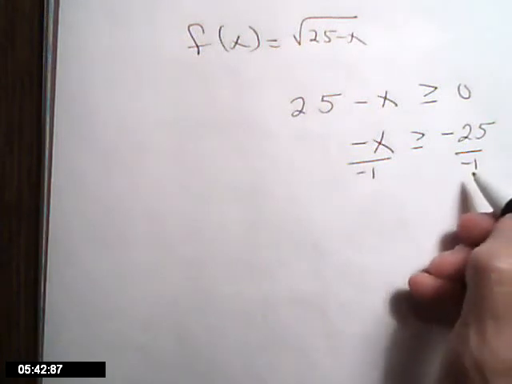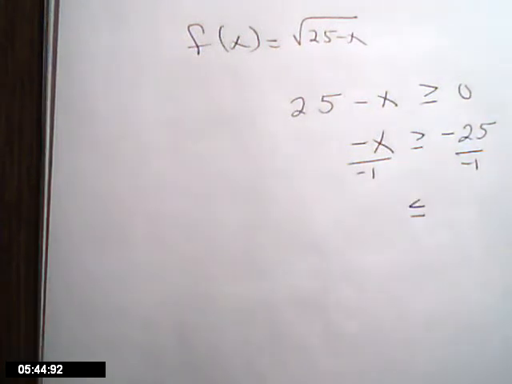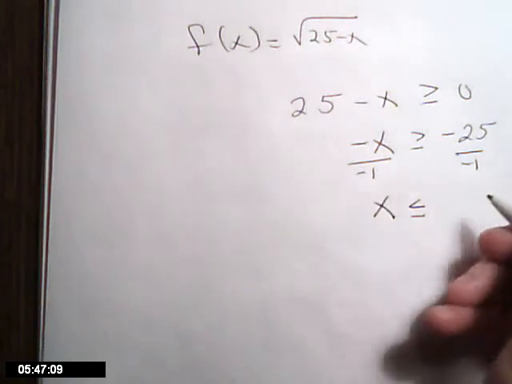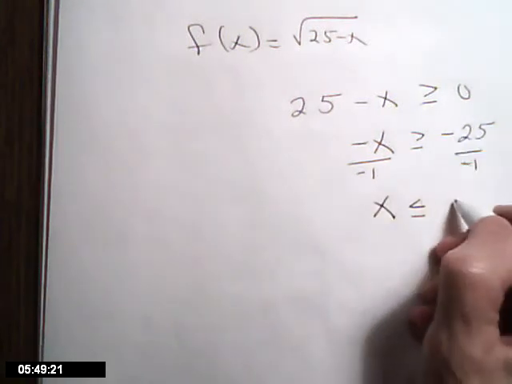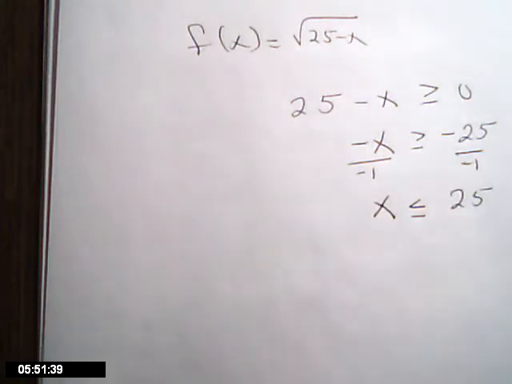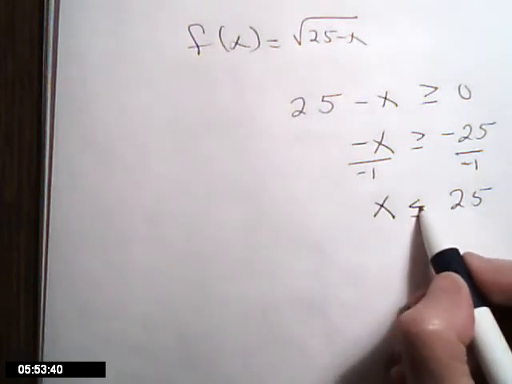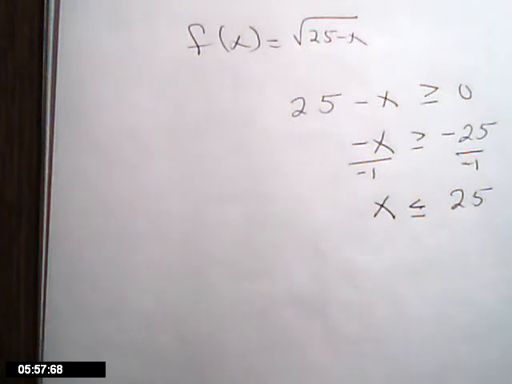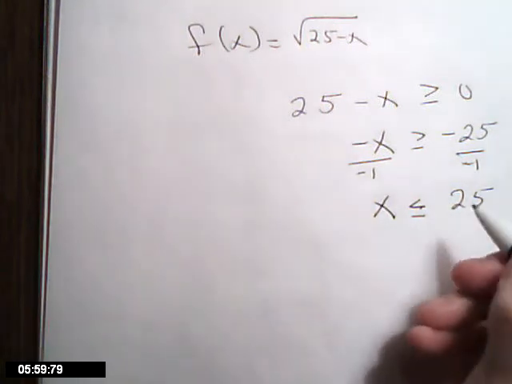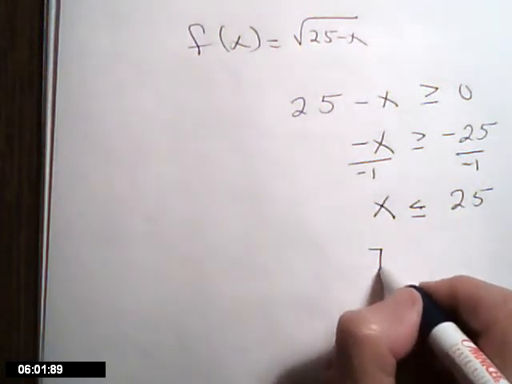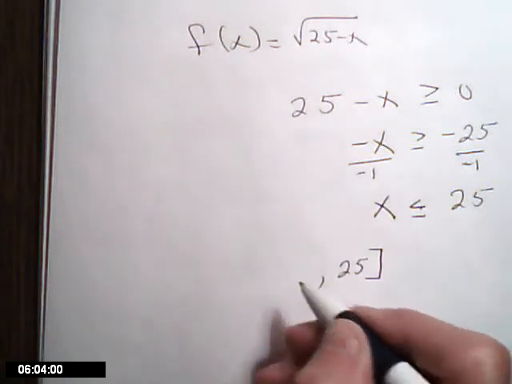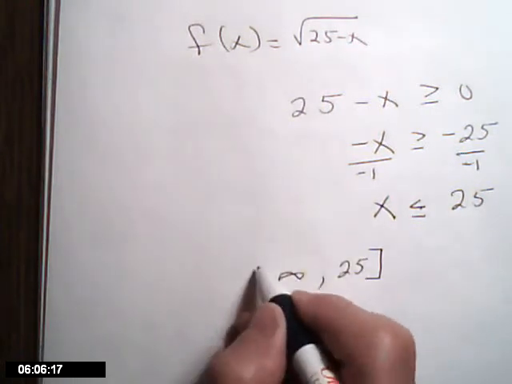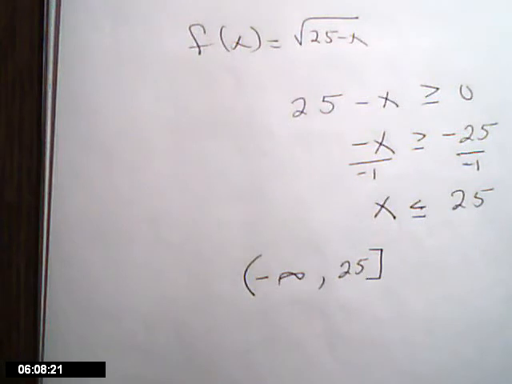When you divide an inequality by a negative, you reverse the sign. So I have x less than or equal to positive 25. Now this says that any number smaller than 25 will work, or equal. So 25 is the highest number, and any number smaller than that would be negative infinity up to that number.